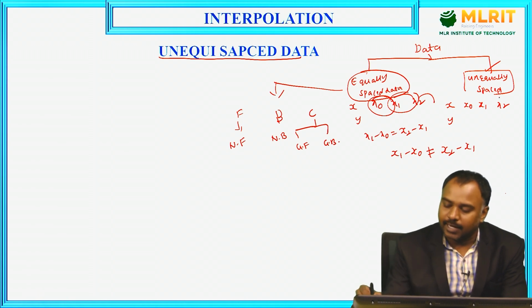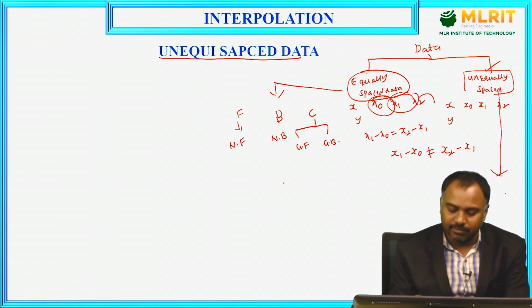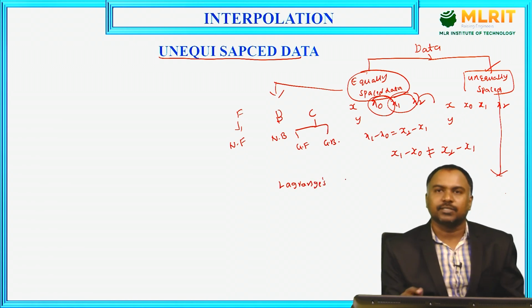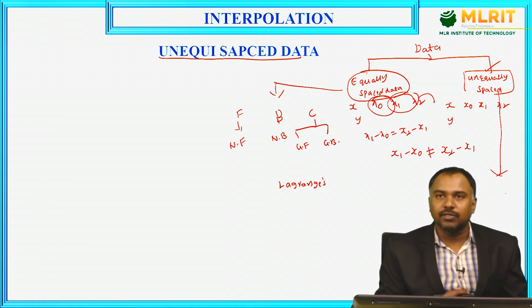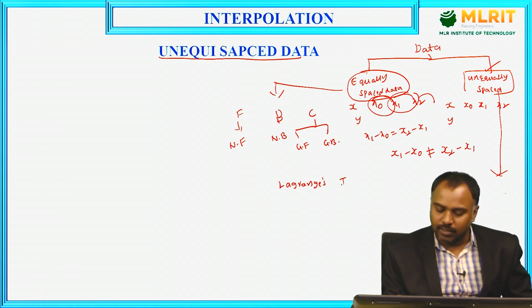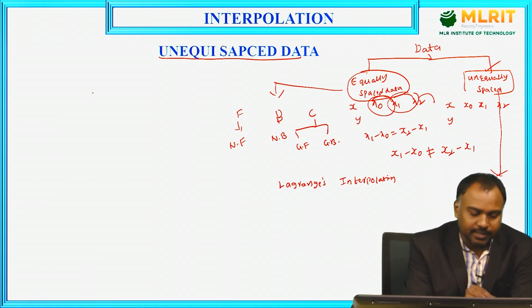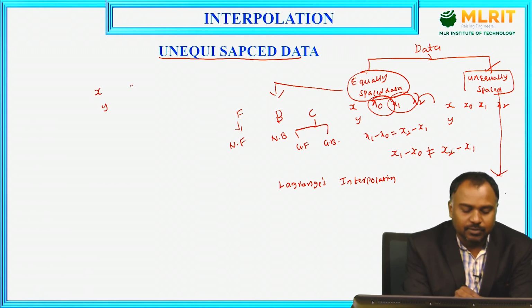Whereas for unequally spaced data, there is one and only one method we have, that is Lagrange's interpolation. There are a lot of methods, but according to our course, we have one method, which we call Lagrange's interpolation.